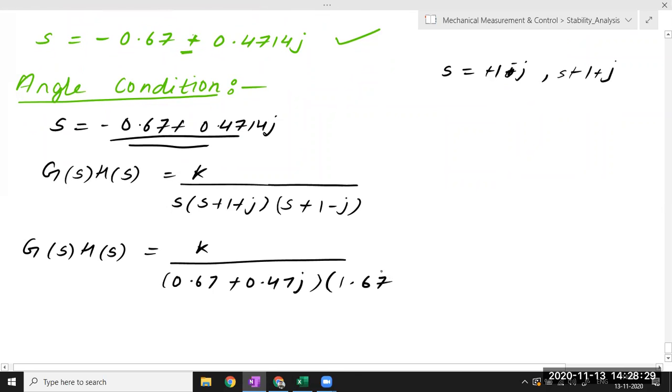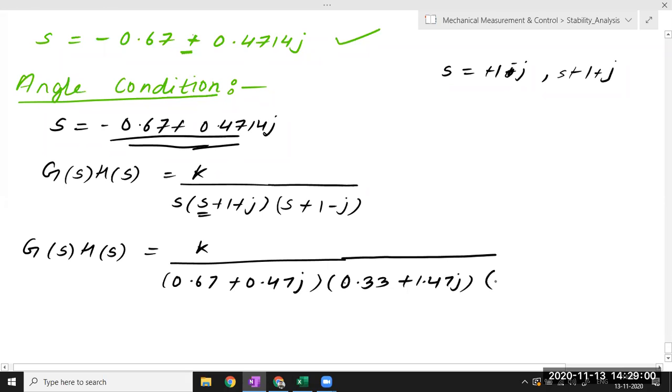Then minus 0.67 plus 1 is 0.33, and j plus 0.47 will be 1.47j.